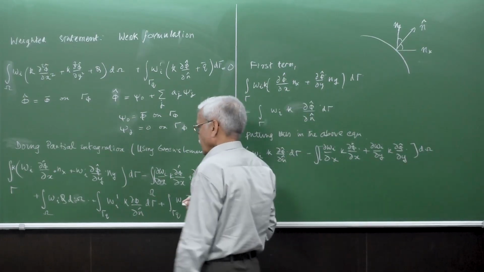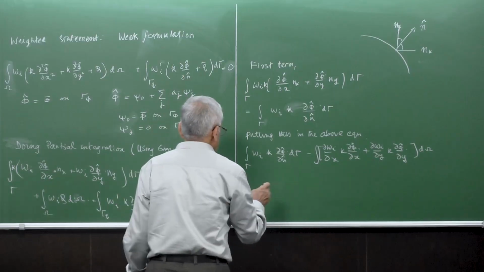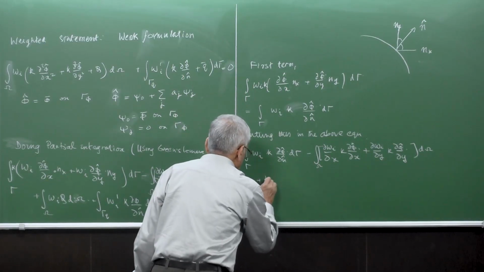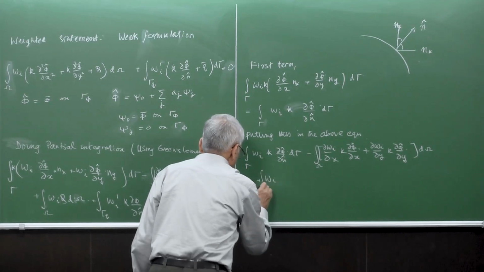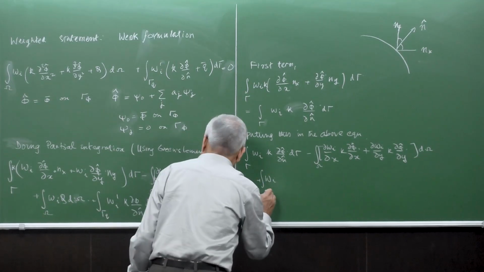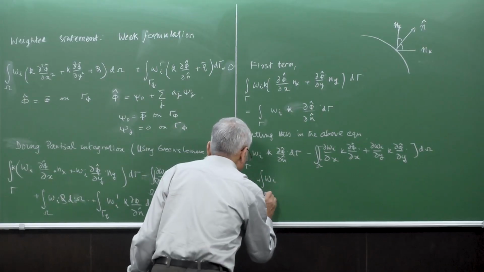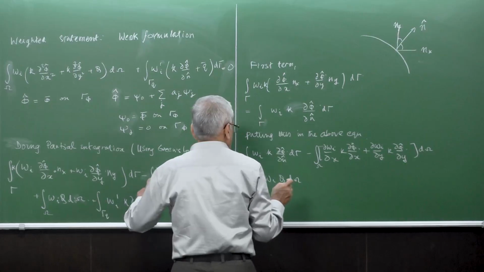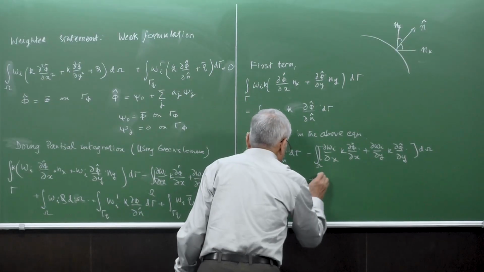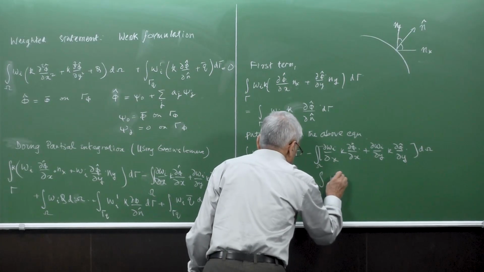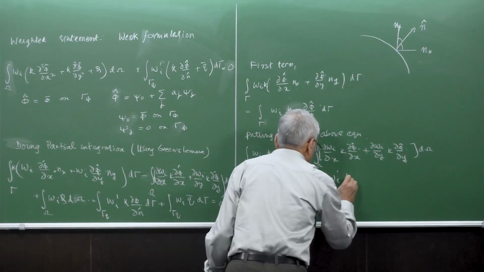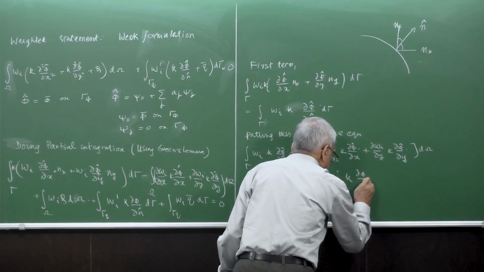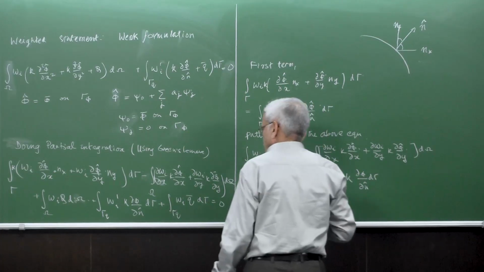So this is this part, and the rest of it will just continue as this is over omega, and this one here wi bar k dou phi by dou n d gamma.